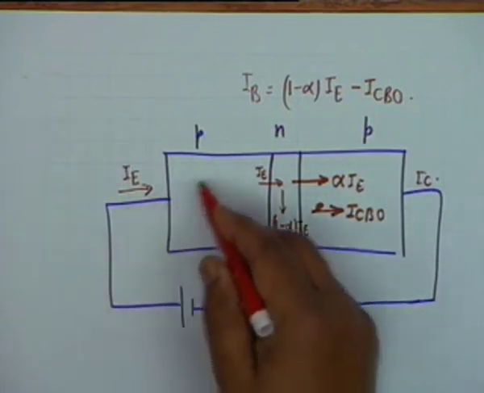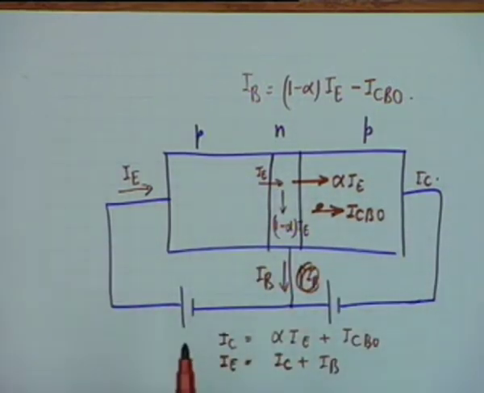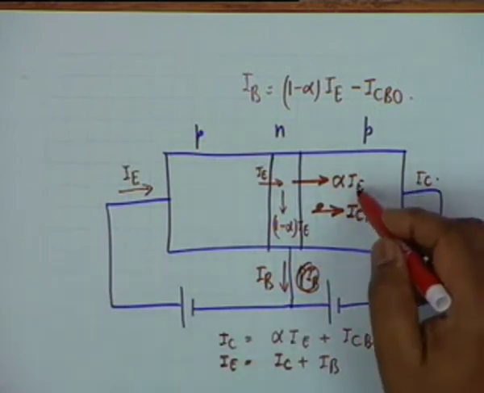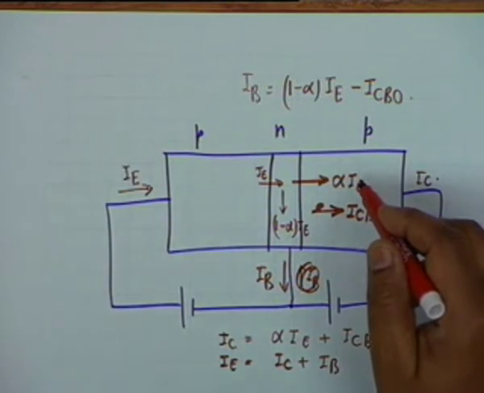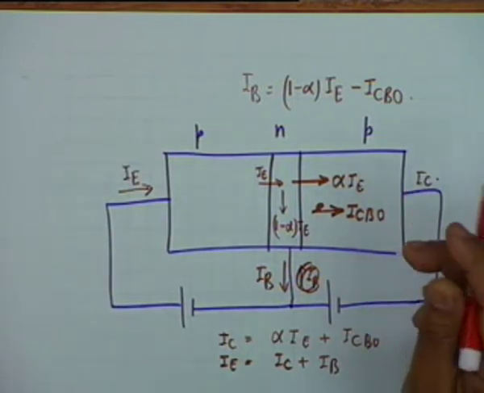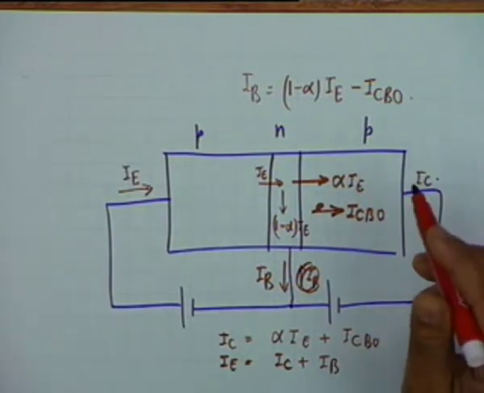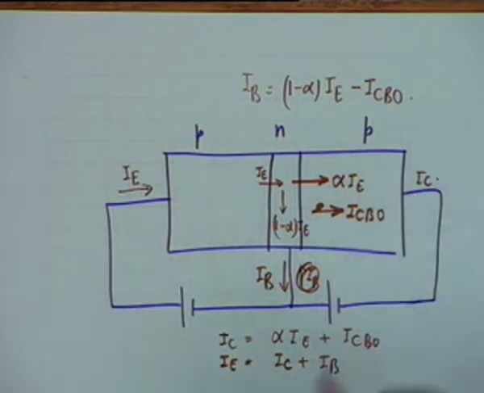Here in this? Yeah. There is current due to minority carriers. No, this alpha I sub E. Yeah, what is wrong with this? No, alpha is not the total number. Alpha is the fraction of the carriers.